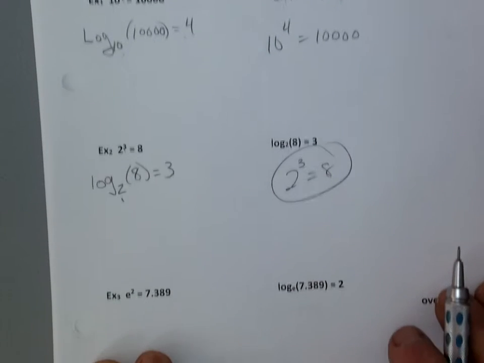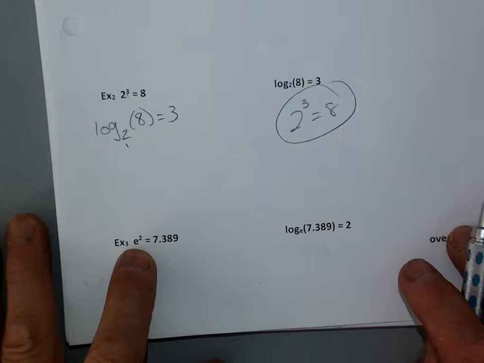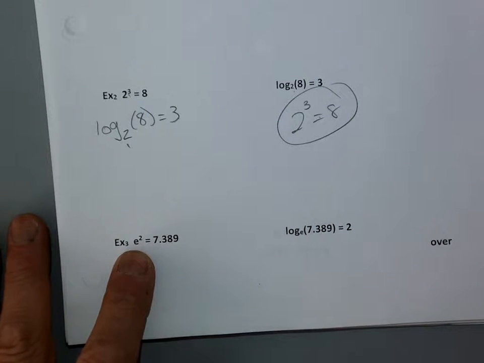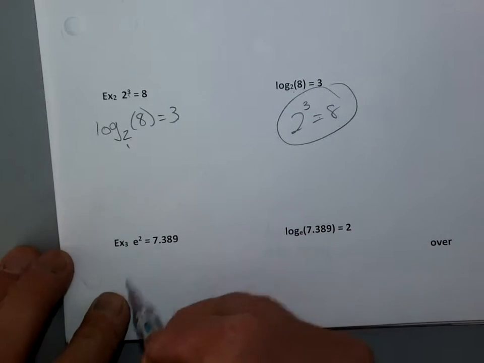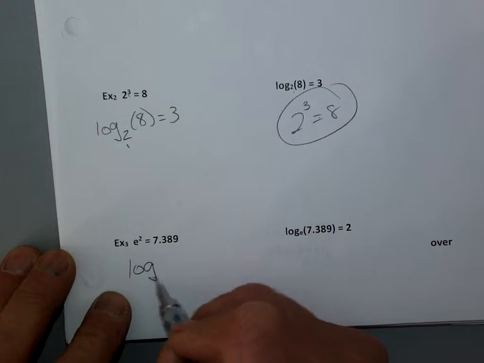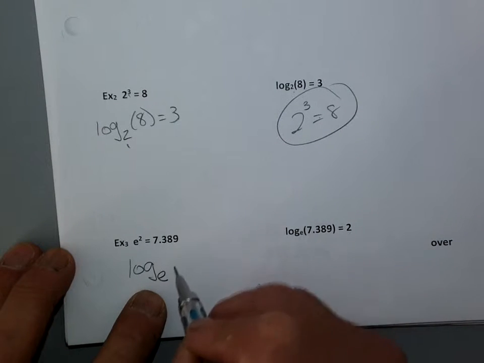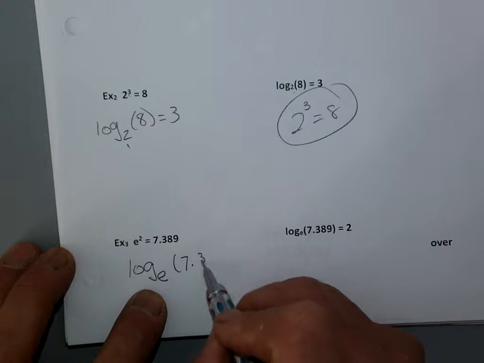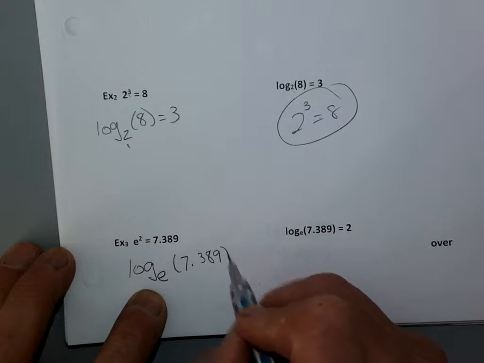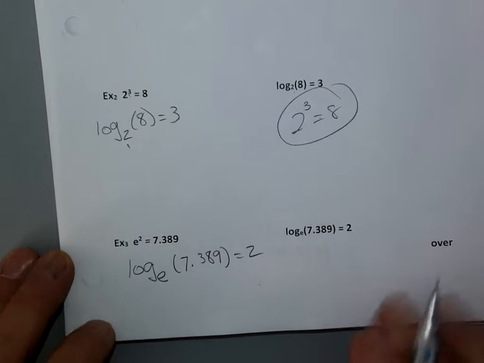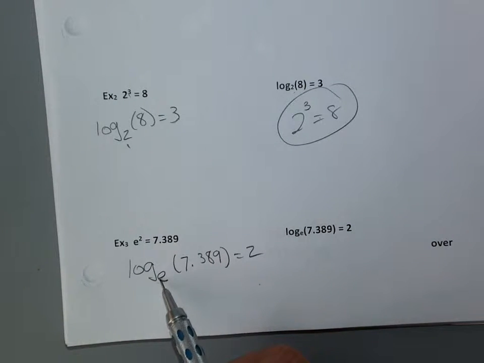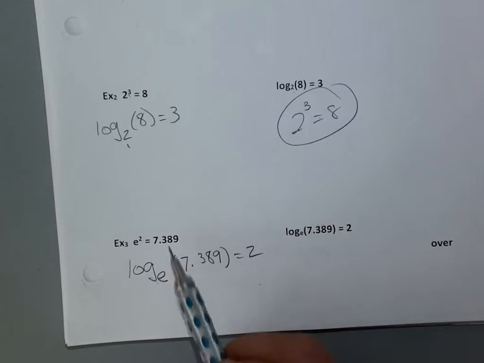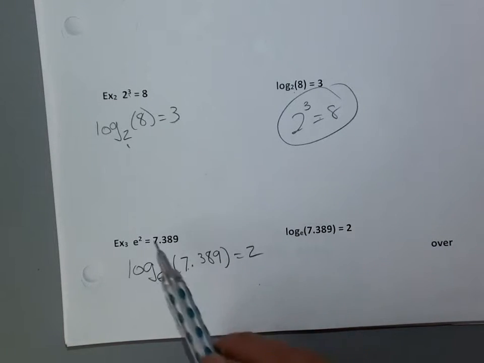Now, example 3. Here's our e. We write this as log base e of 7.389 equals 2. So here's my base, log of base e of my 7.389 is equal to 2.